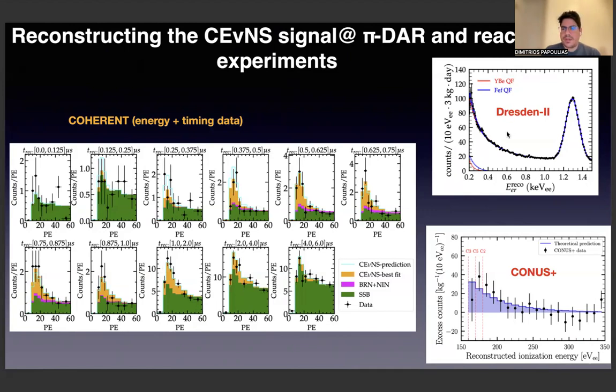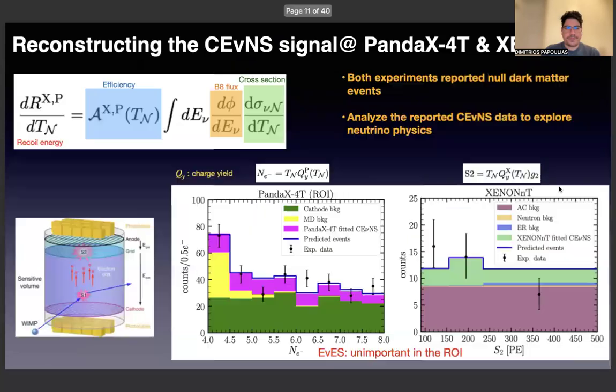Or for the case of Dresden-II and CONUS+ experiments, we express the signal in terms of the reconstructed electron equivalent signal, taking into account all the quenching factors and all these technicalities that I will not describe further.